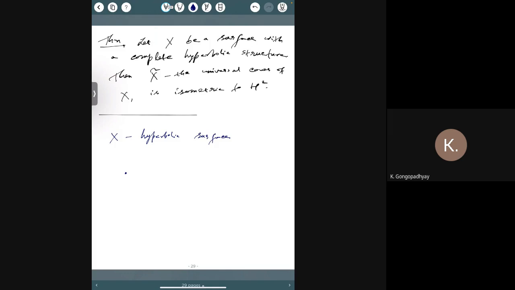So then you start from a point on the hyperbolic surface, say x naught, and then you join it by a path, say x1.